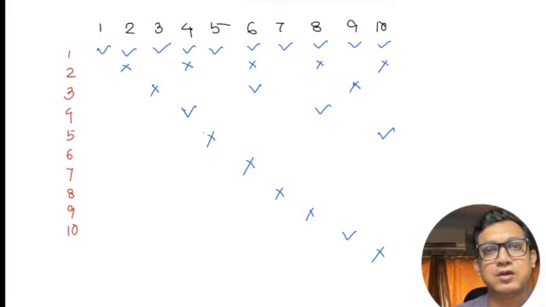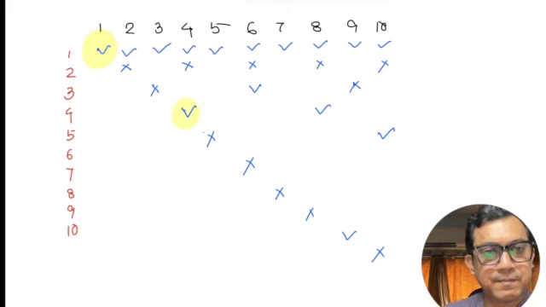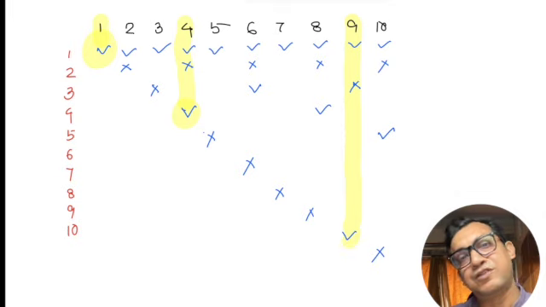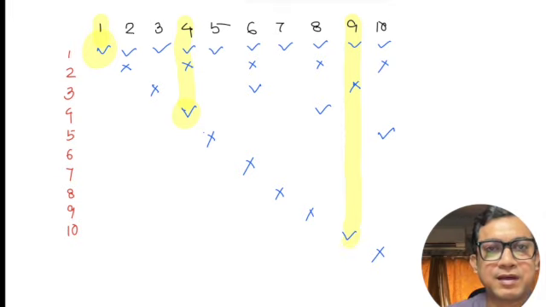That's all. So now if you look at the doors which are still open, door number 1 is open, door number 4 is open, and door number 9 is open. And check the similarity: these numbers are perfect squares.